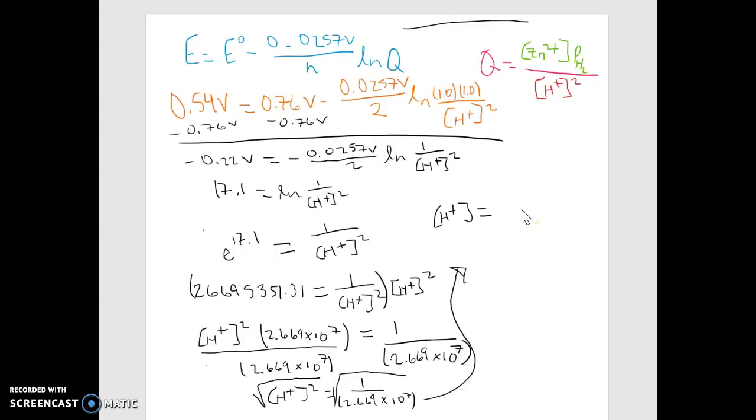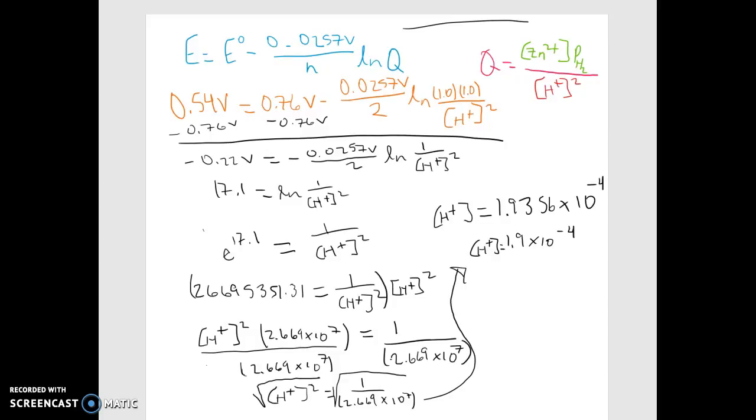Then I just plugged in the square root of 1 over 2.669 times 10 to the 7th, and I got approximately 1.9356 times 10 to the -4th, or if we round it, 1.9 times 10 to the -4th for the concentration of our hydrogen ion.